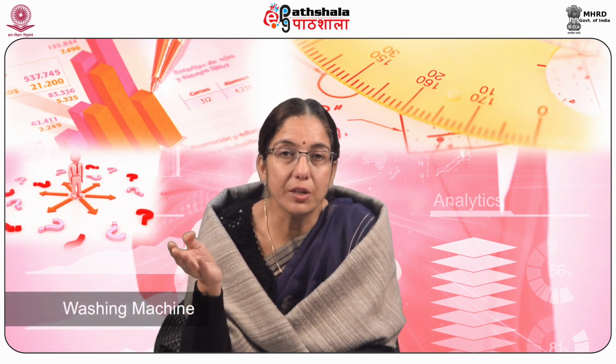The occurrences are always considered with respect to an interval. In the example of the washing machine, the interval represents 1 month. The interval may be a time interval, a space interval, or a volume interval. The actual number of occurrences within an interval is random and independent. So, random and independent are very important terms in the Poisson distribution.